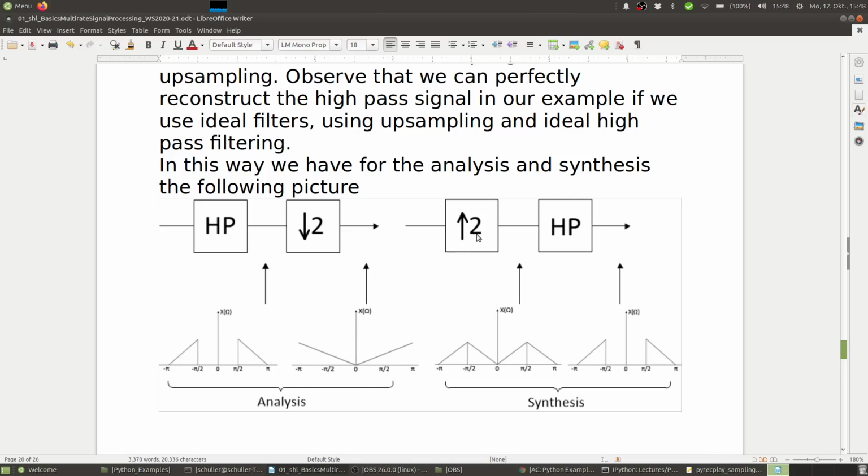Then in the decoder, we do the upsampling by a factor of 2 by inserting the zeros. We get this extended frequency range with those spectral copies, the repetitions. Then we apply the high-pass filter again to fish out the original spectral components here. So you can see this not only works for low-pass signals, but also for high-pass signals.